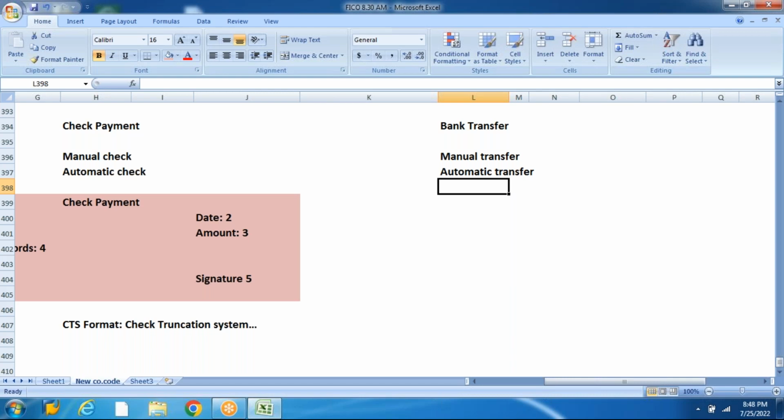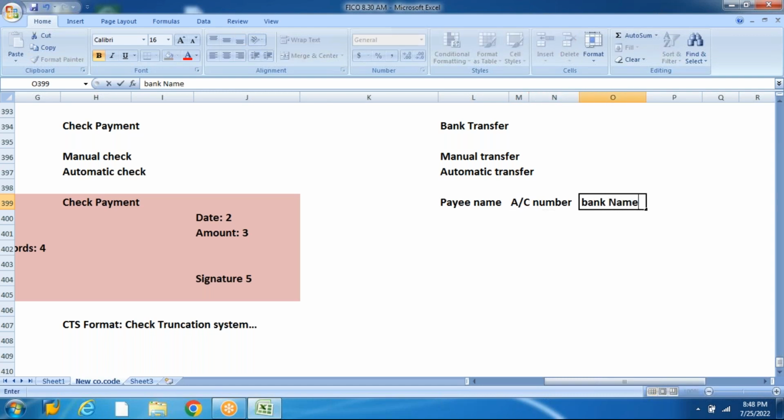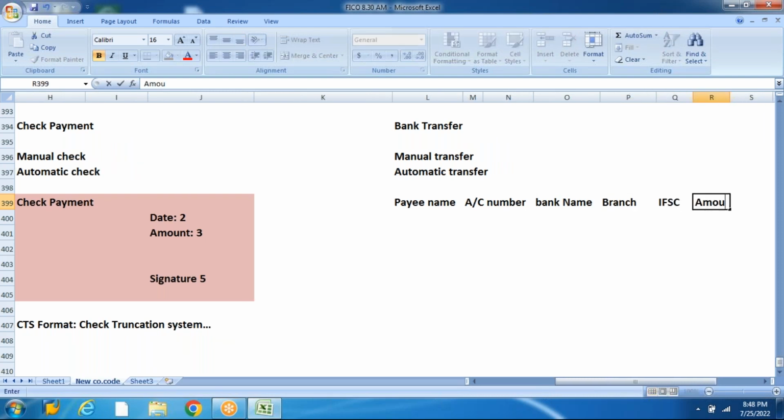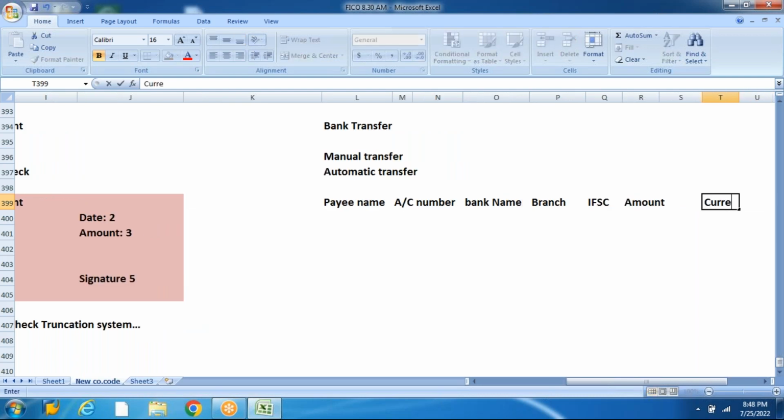This payment file contains information, and it will again have a format. Let's say payee name or beneficiary name, account number, bank name, branch, IFSC, amount, currency.